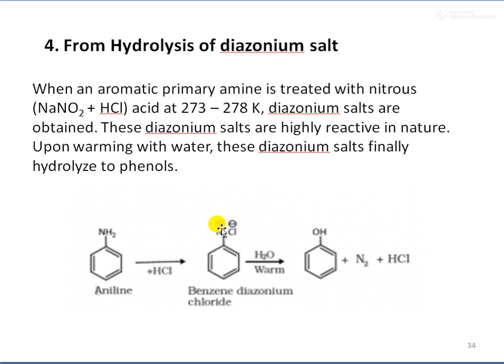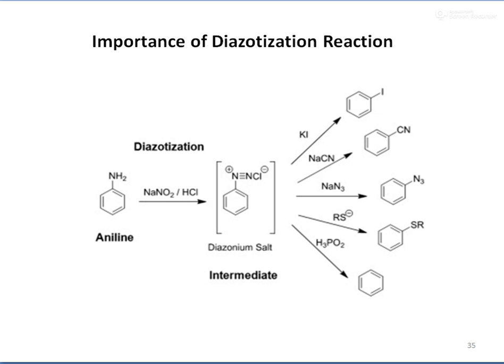This is a diazonium salt, and it is highly reactive, and upon warming with water we get a phenol. So nitrogen is released, then HCl is eliminated, and the resulting product is a phenol. This is a very important reaction, and this diazonium intermediate can be used for the preparation of many other organic compounds.